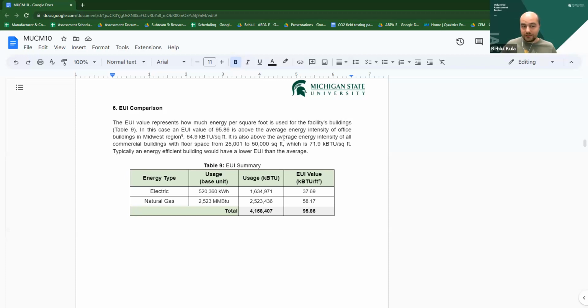Your building is not actually an office building, because it also includes the public safety building. So it does not reflect the average for the same building purposes. But as a comparison, I can say that it is higher than the average of the Midwest region.